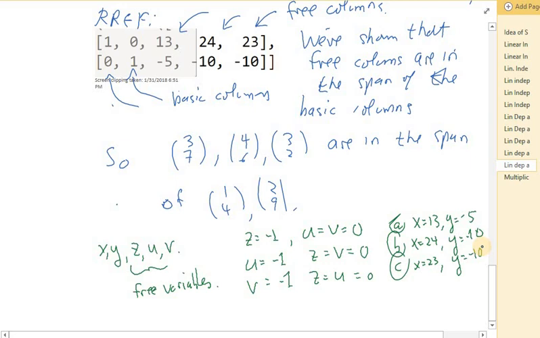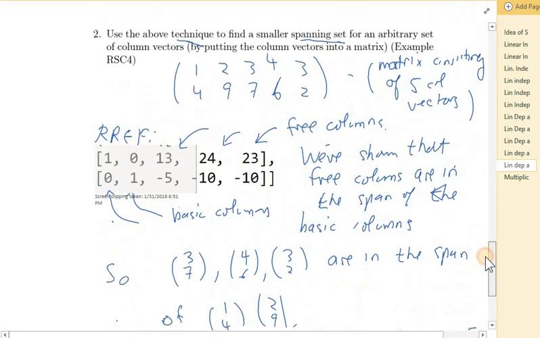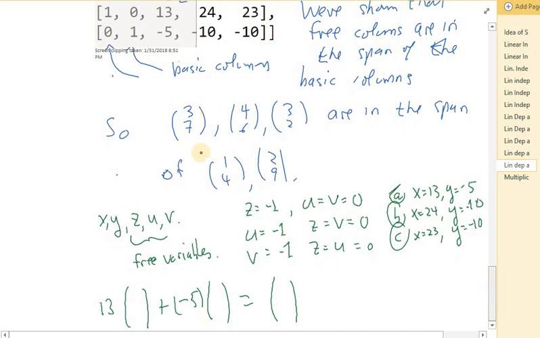So what does that tell me? The first one tells me that 13 times the first column plus minus 5 times the second column is equal to the third column. First column was 1, 4. Second column was 2, 9.